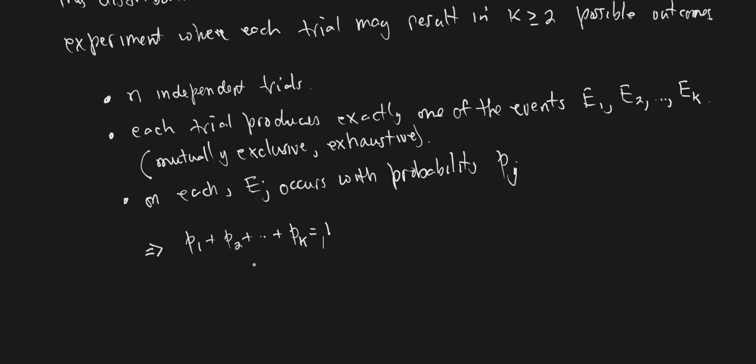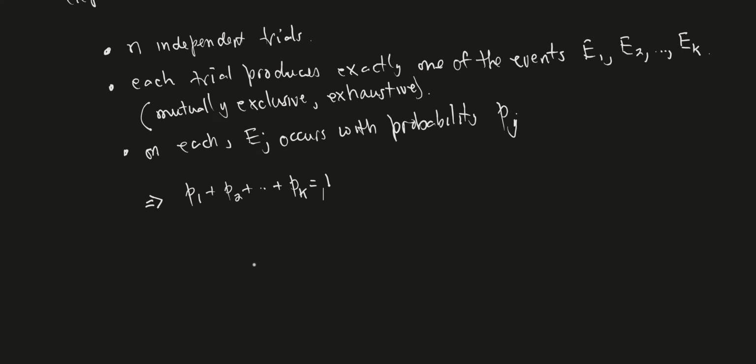Okay, so that's kind of the experiment. Now, what are the random variables? The thing about the multinomial is you're not just going to have one random variable. You actually have multiple random variables because you're going to be counting.